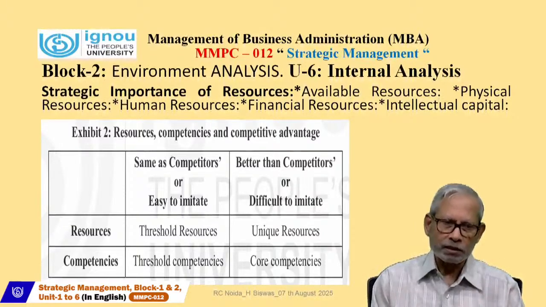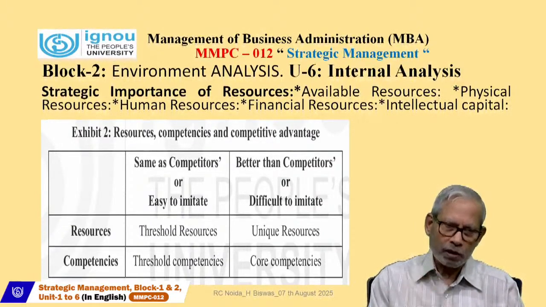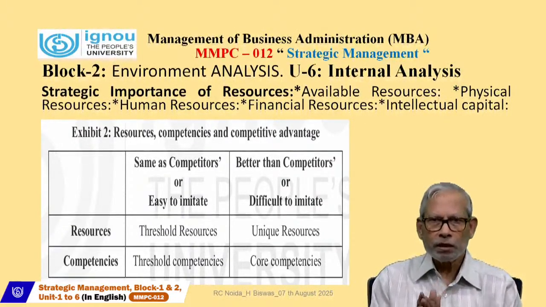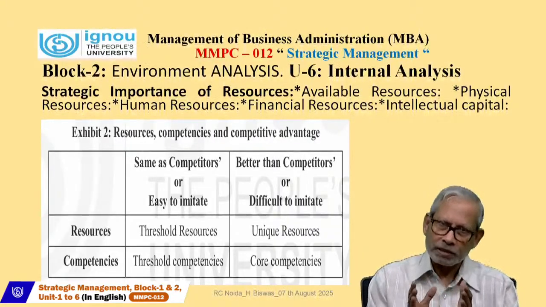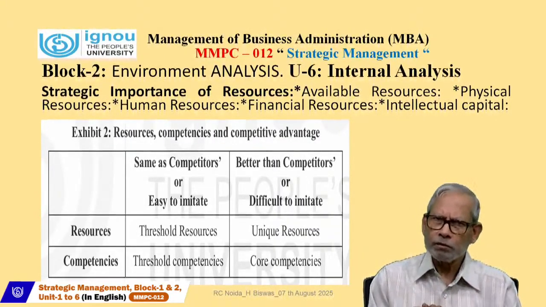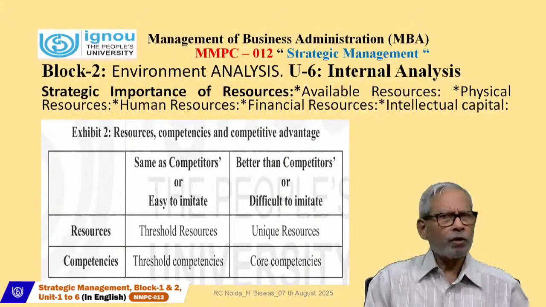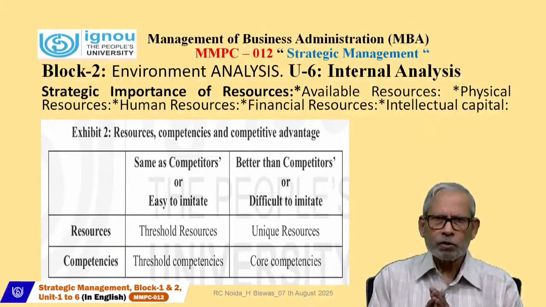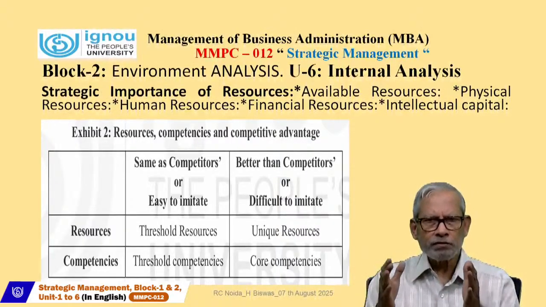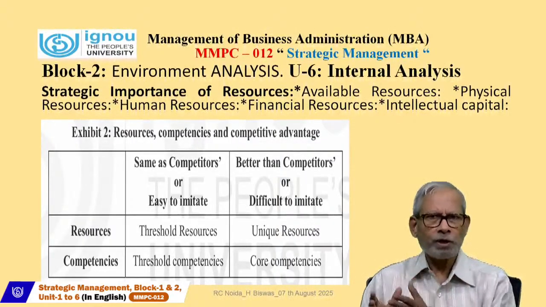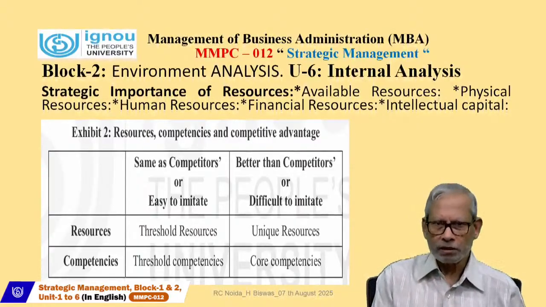Competitive advantage is given considering the resources and your competencies. That is the way you can prepare different charts for different purposes, because the data is available. So, you have to make different charts and tables for different purposes where they are required.